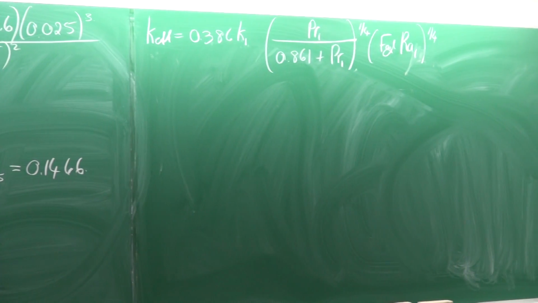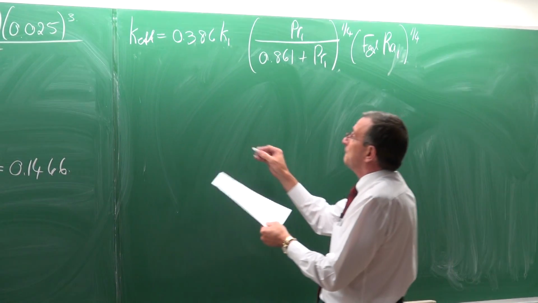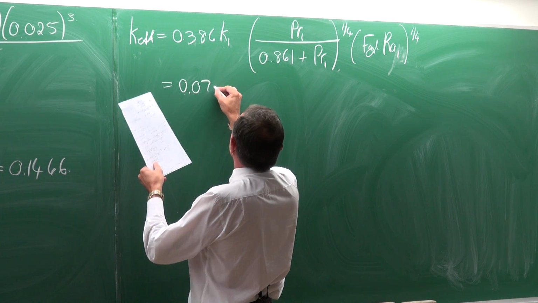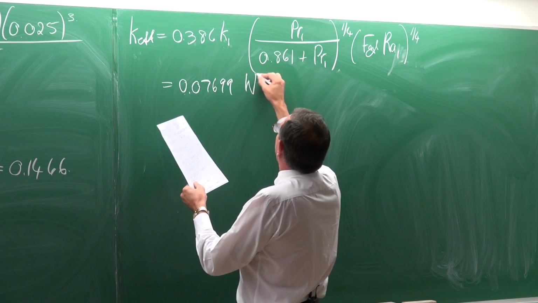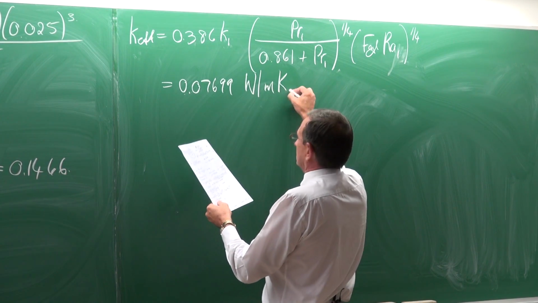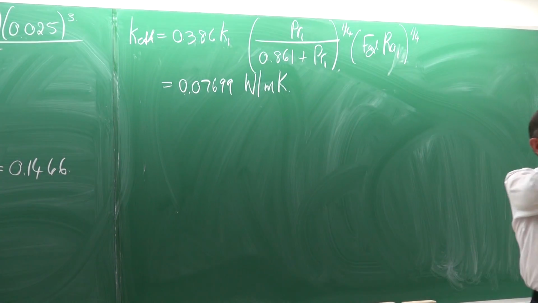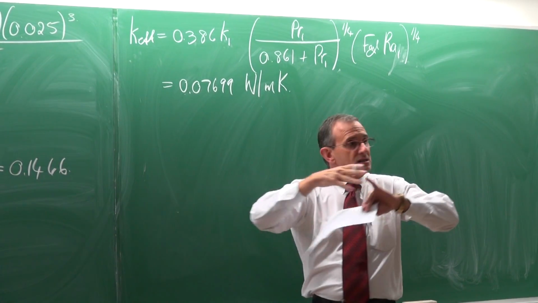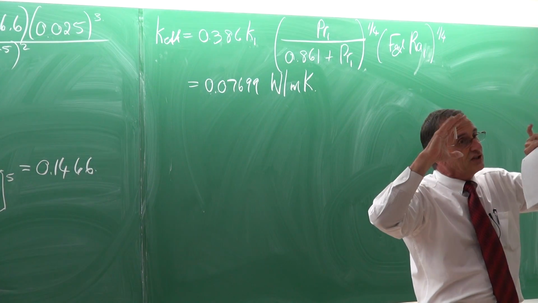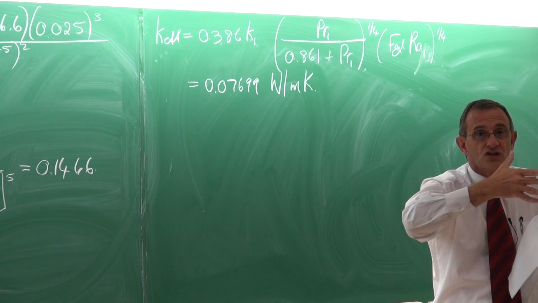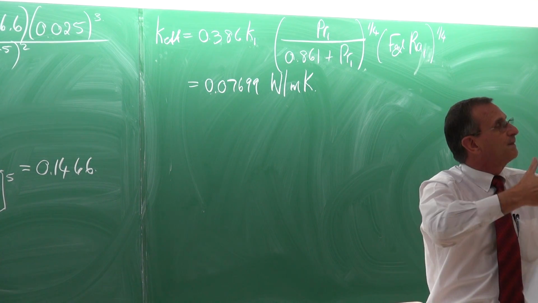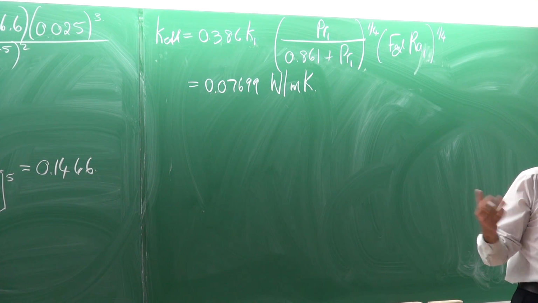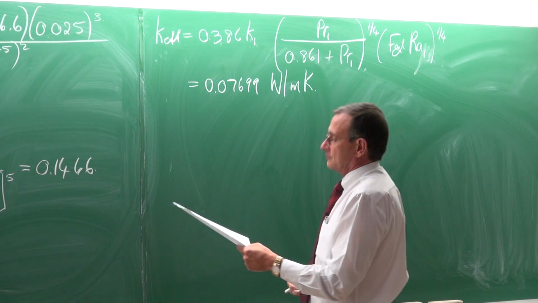Plug it in, and you will get an effective thermal conductivity of 0.07699 watts per meter Kelvin. What is this effective thermal conductivity? It is a sort of heat transfer coefficient that takes into consideration the convection heat transfer and the conduction and puts everything together in one term. That is all it does, in principle.